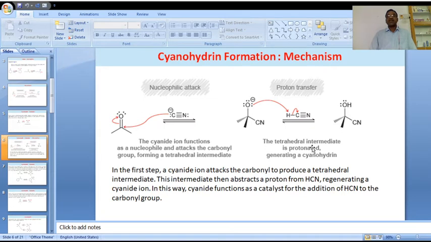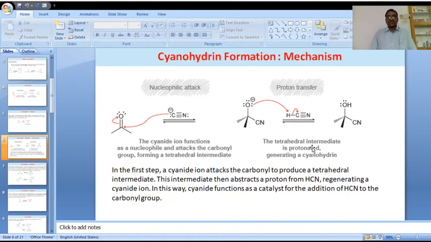The carbonyl compound to cyanohydrin formation reaction involves a two-step mechanism. The first step is called nucleophilic attack. The second step is called the proton transfer step.